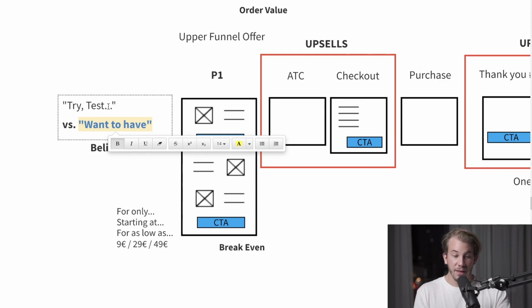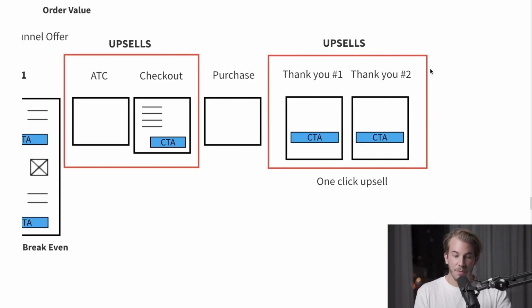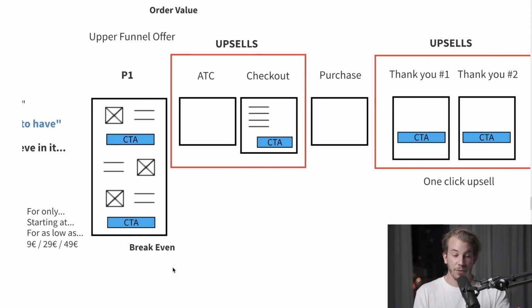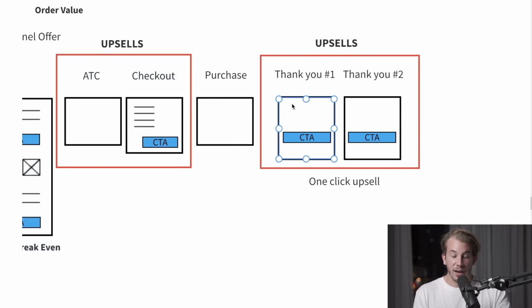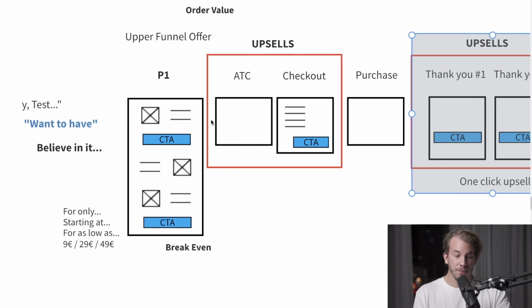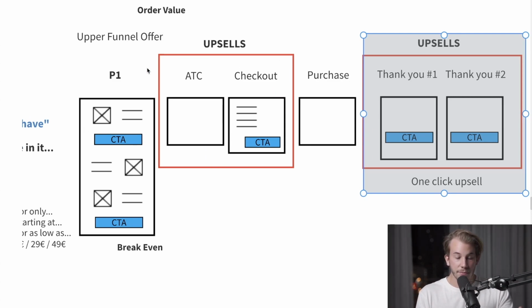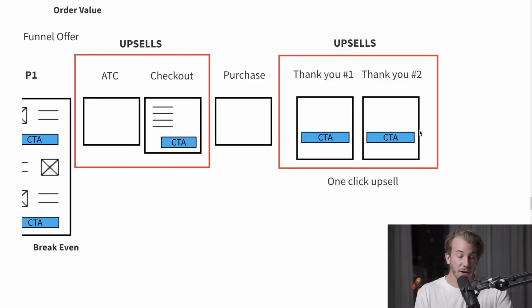If they're not here to test or to try, but they actually want to have it, then they buy more upsells here, and they have a much, much higher conversion rate on these upsells. And for example, for an e-com product, for a physical product, you could sell a 100 euro, 200 euro online course here, in addition to the first order. If you sold a really good first product here, you can sell a complementary product here.